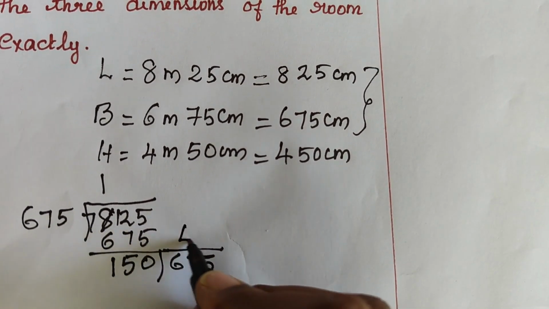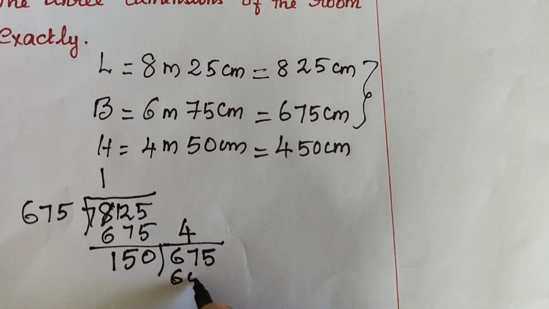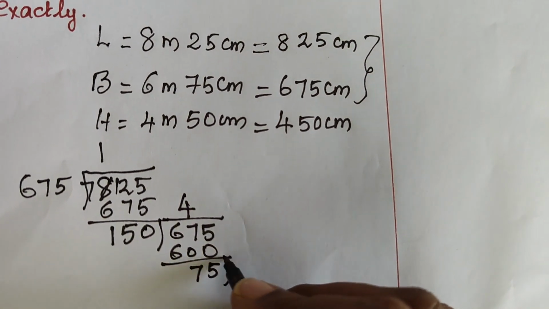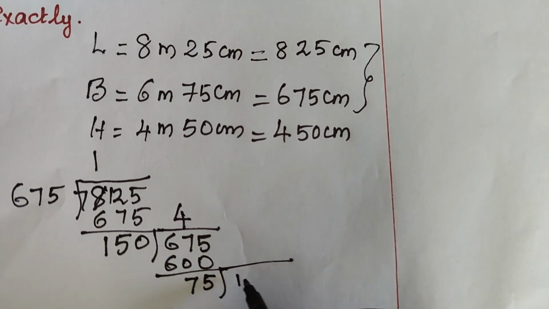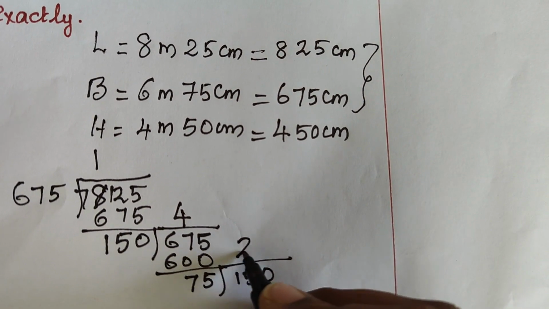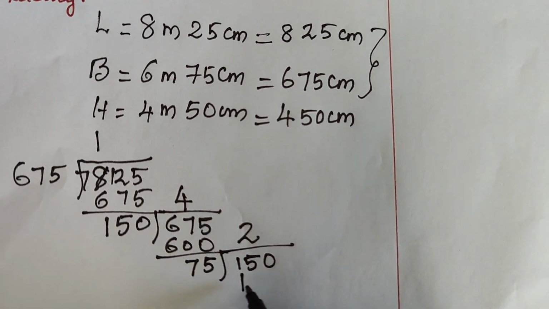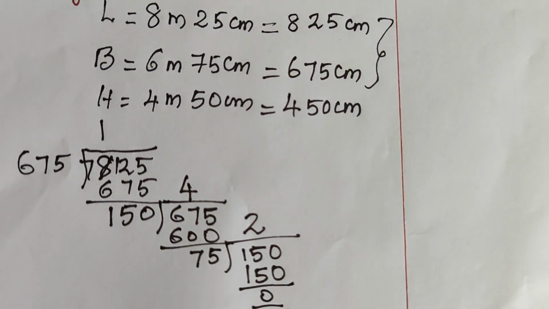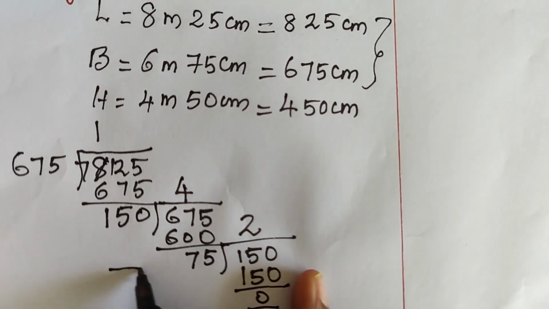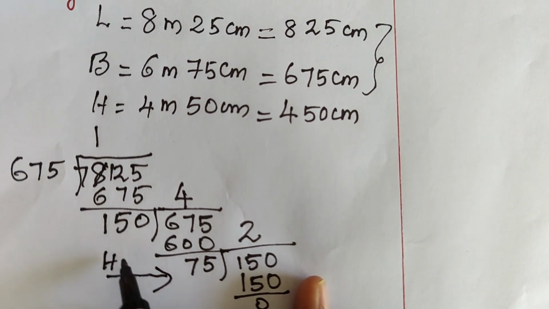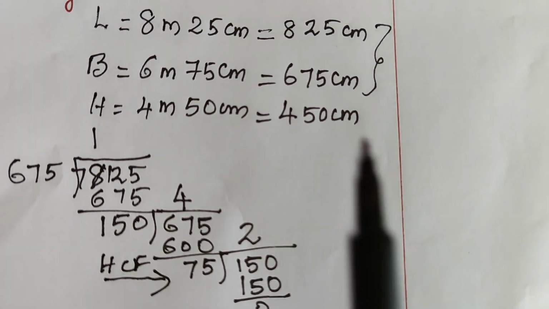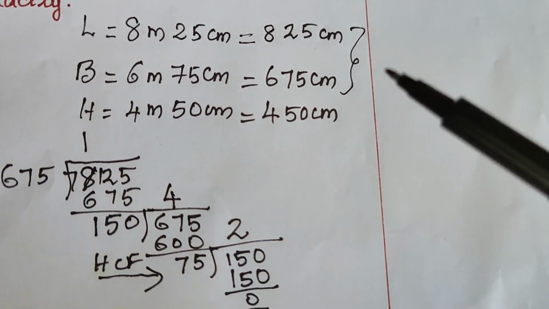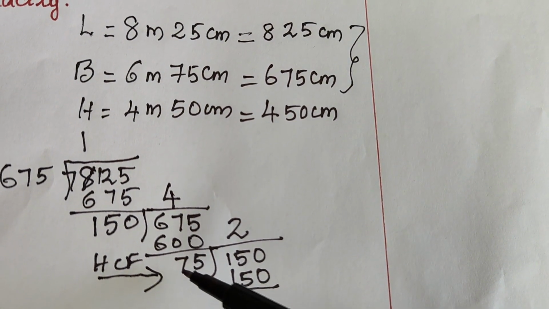I do it 4 times. 4 into 150 is 600. Now the balance is 75. Bring this 150 here. 150 divided by 75 is 2. 2 into 75 is 150. Remainder 0. When you get remainder 0, this is the HCF. So the HCF of the first two numbers, 825 centimeter and 675 centimeter, is 75 centimeter.